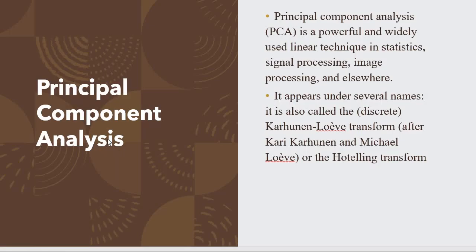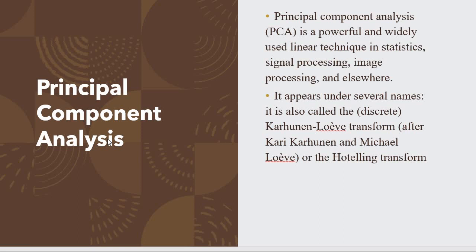Next we have the principal component analysis. The principal component analysis is a powerful and widely used linear technique that we use in statistics, signal processing, image processing, and computer vision.